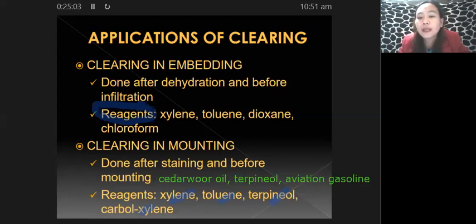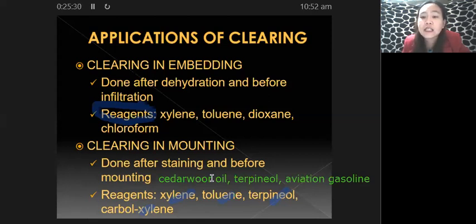So what should be the characteristics of your reagent so that it can be utilized for this purpose? Number one, your reagent should be miscible in your staining solution, and it should also be miscible in your mounting medium.